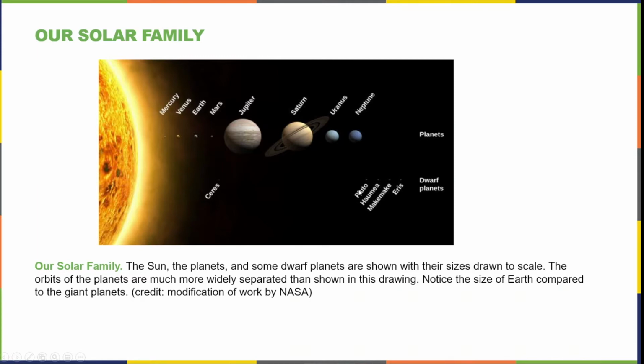We set a definition for what object we would call a planet, and that definition did not fit Pluto. Those definitions have certain criteria, and we'll talk about them when we study in detail the inner planets, the rocky planets, and the outer planets, the gas giants.